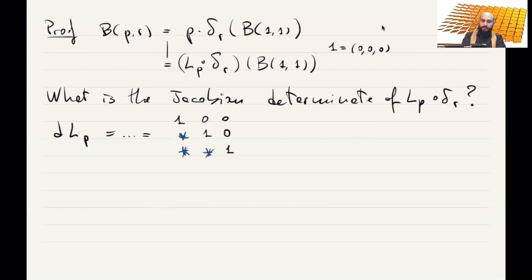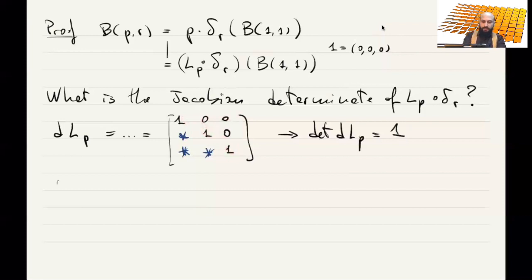So this was a matrix of this form, and the determinant is equal to 1, because here we have 0.